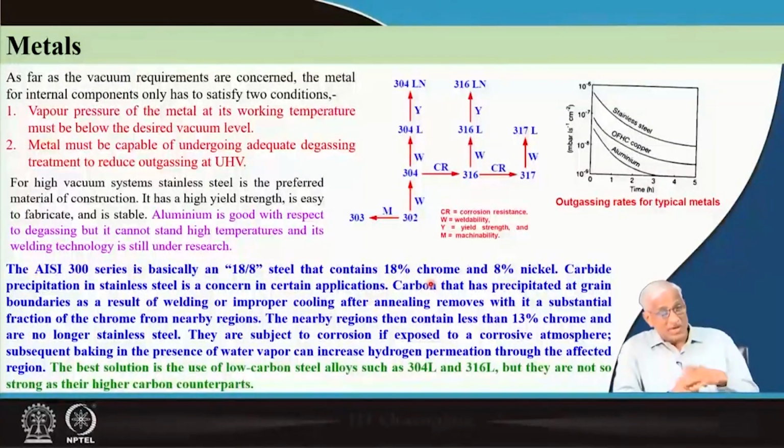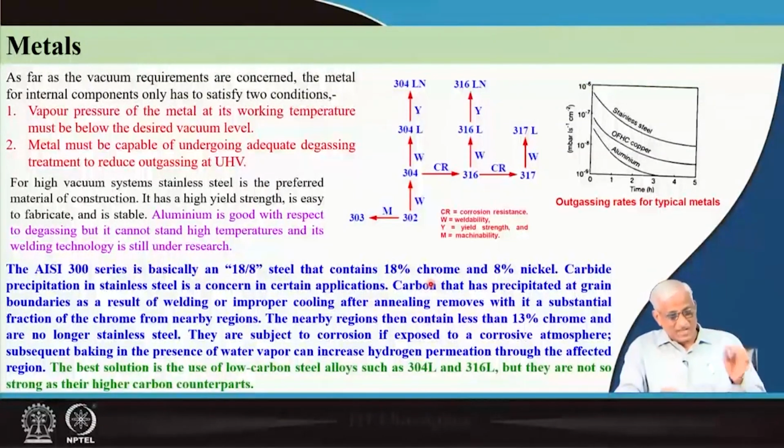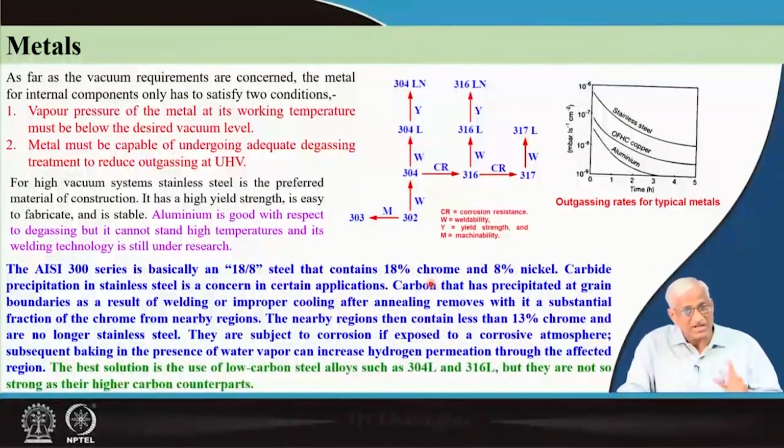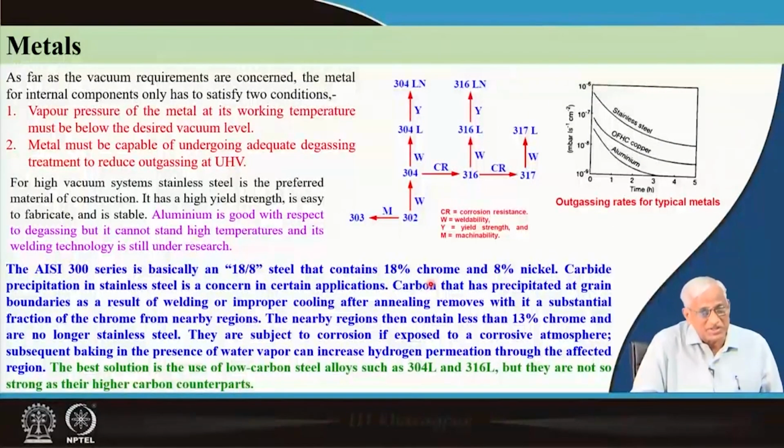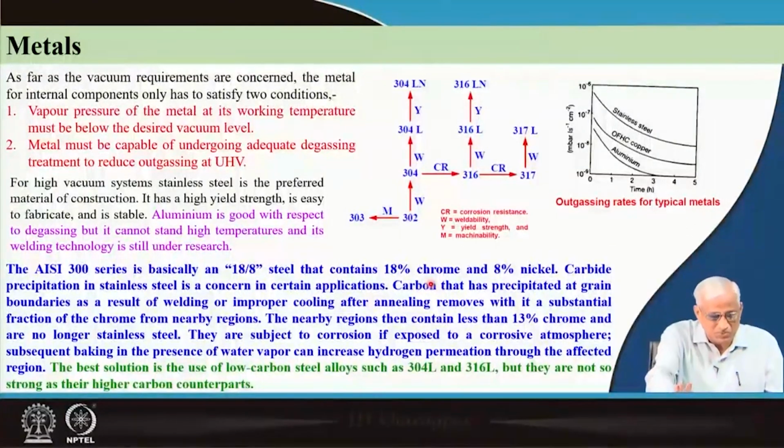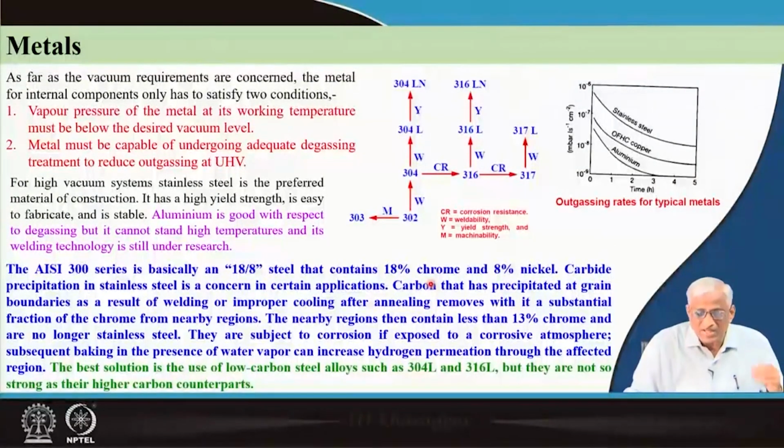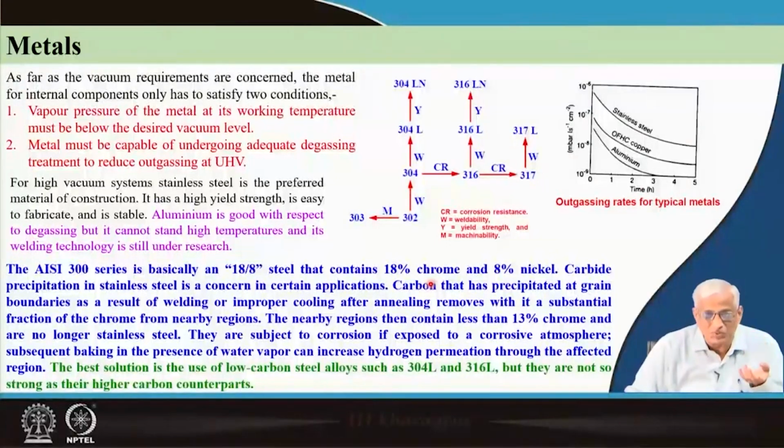And what makes 18 by 8 steel so popular? Because that particular steel is corrosion resistant, fairly strong, and its machinability is good. But there are some problems. Carbide precipitation is a very famous issue, metallurgists know. I am not going to discuss it in more detail, because chromium has a role to play, 18% chromium has a role to play, 8% nickel also has a role to play.